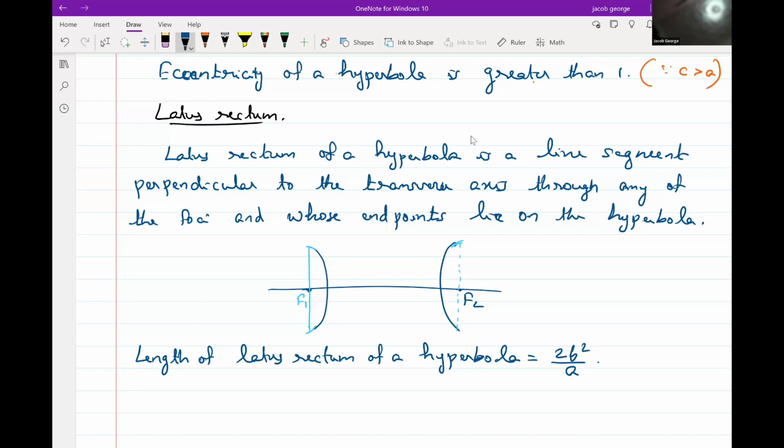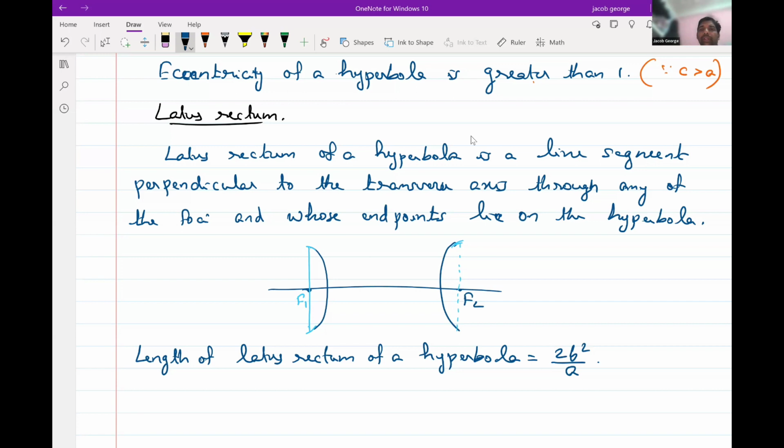Okay. So hope you all completed till here. Next, we are going to discuss the two types of hyperbola. Exactly as in ellipse, there are two types of hyperbola. One is where the transverse axis will be the x-axis, the horizontal axis.